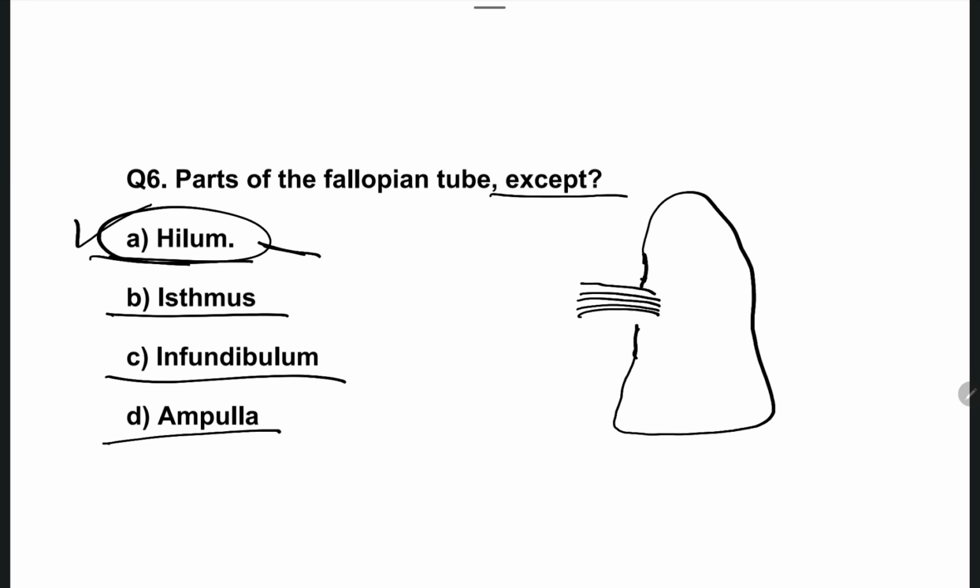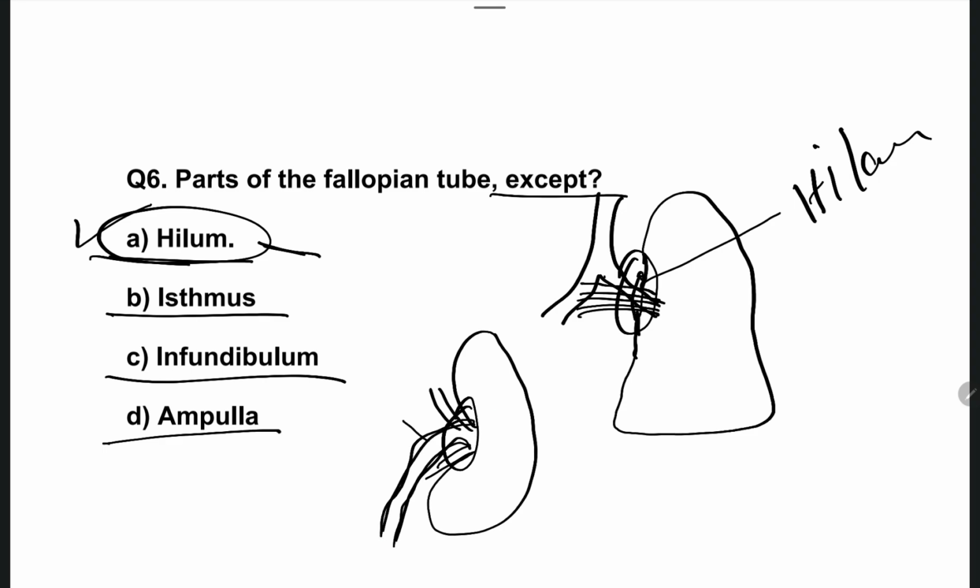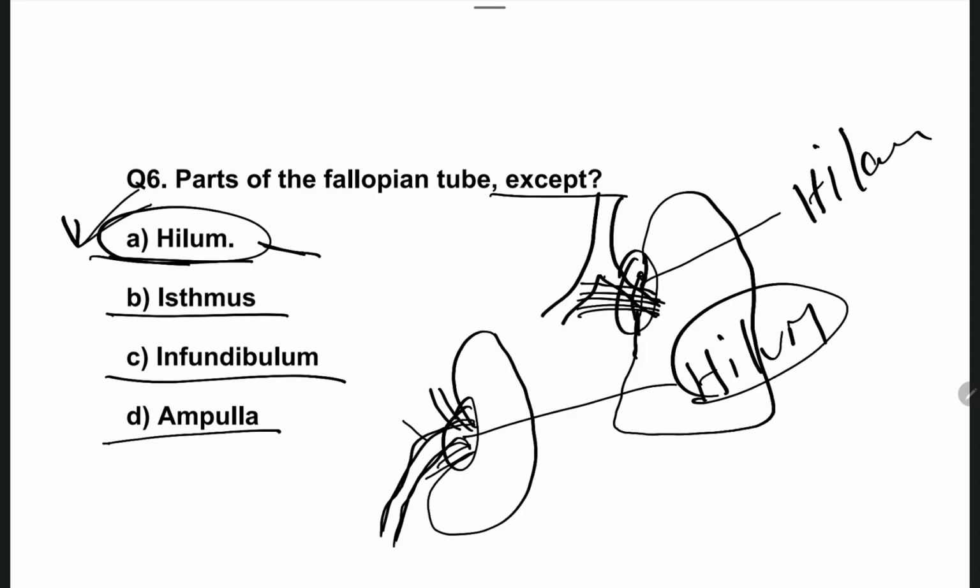So here we can see the entrance, this is the lung, and the bronchi will enter here. So this part is known as hilum. In the same way, in the kidney also we can see the hilum. Okay, so this is a kidney and this is a ureter, and entry and exit of the blood vessels, and where the ureter starts, this is also known as hilum. So this is the right answer.